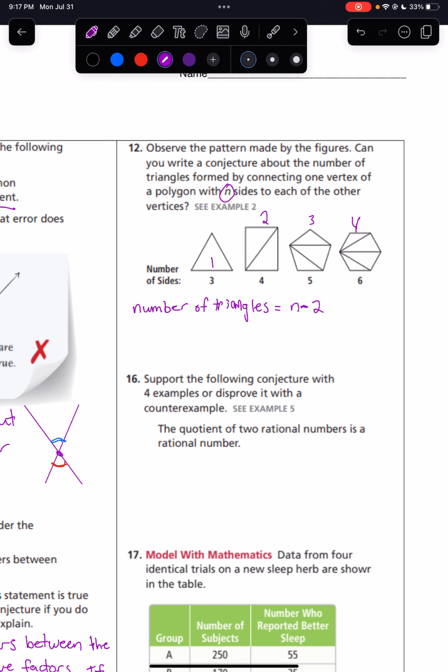I'm saying that completely backwards. I'm sorry. 4 minus 2 is 2, 5 minus 2 is 3, 6 minus 2 is 4. So we could say T for triangles equals n for number of sides minus 2.